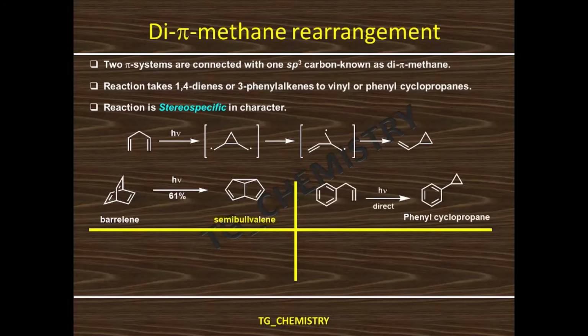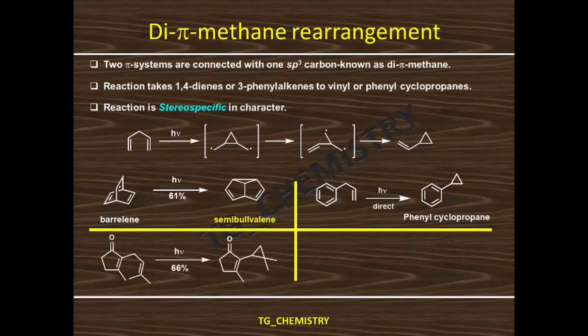The second one is the direct photoirradiation, and you can see the product is the phenyl cyclopropane, and the mechanism will involve the process as mentioned over here in this pathway of the general procedure of the reaction. The reaction will proceed in a similar way.